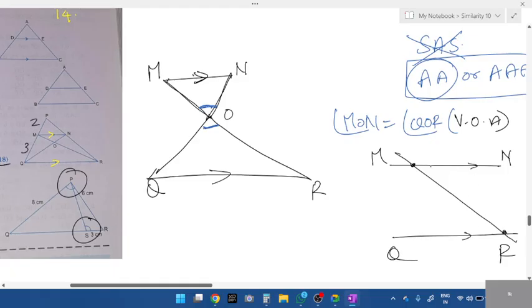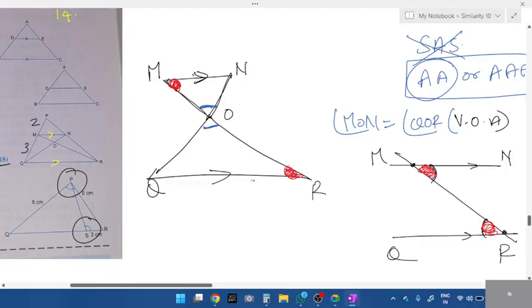MR. What is the relation between these two? Are they inside the parallel lines? Respond. These two angles, the red ones, are they inside the parallel lines? Interior. Are they in the same direction or opposite direction? So what is the relation between angle M and angle R? Very good. Interior alternate angle.